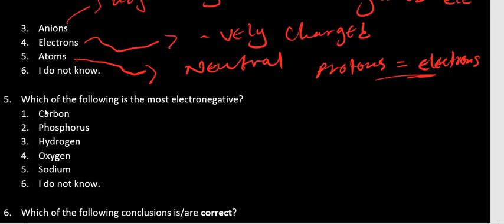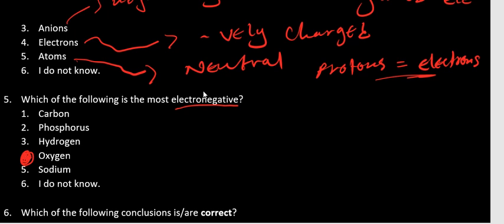Which of the following is the most electronegative? The answer there is just simply oxygen, okay. So when you talk of electronegativity, if we were to define electronegativity, what could be the definition?